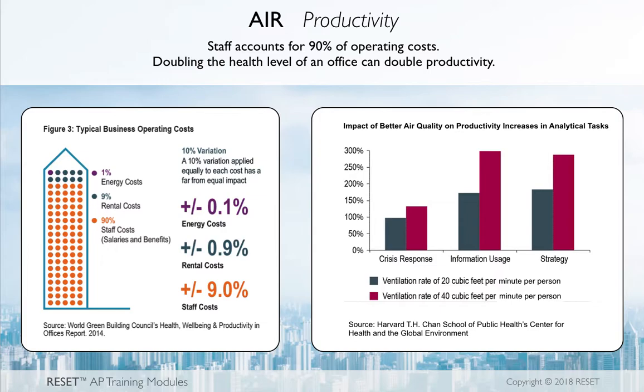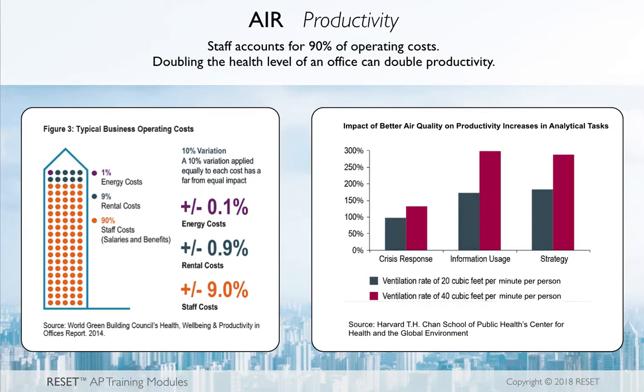And this is only showing a couple of the impact categories going across the bottom there: crisis response, information usage, strategy. But what they found, of course, are numbers that are almost unbelievable. With increased ventilation rates that were really not that significant, you can see numbers in increases in productivity that are almost too difficult to comprehend.